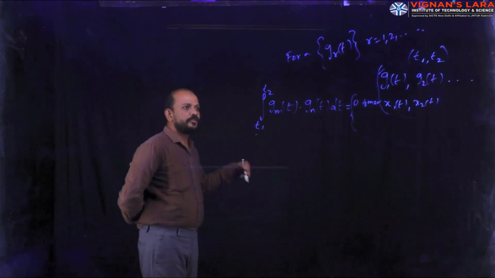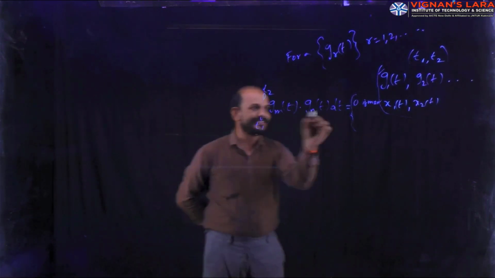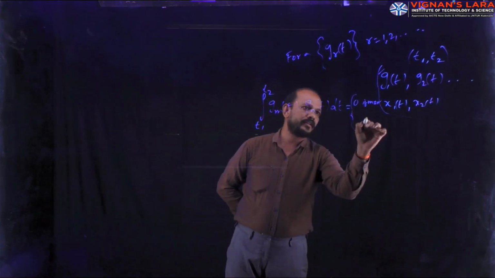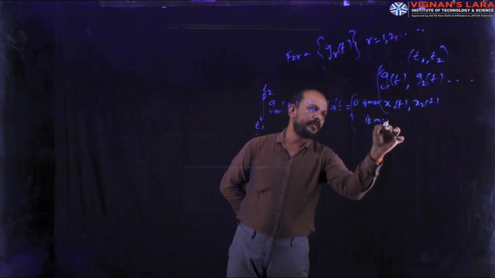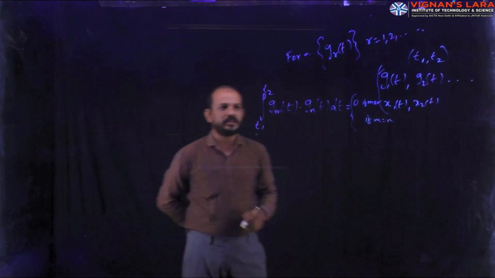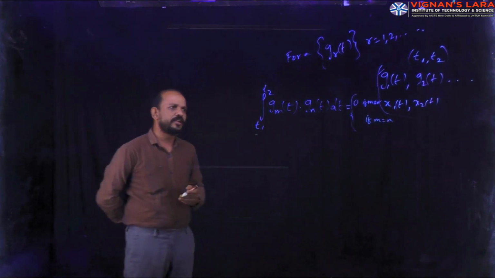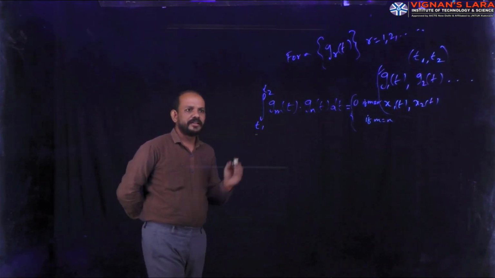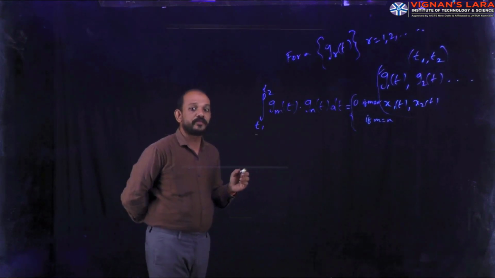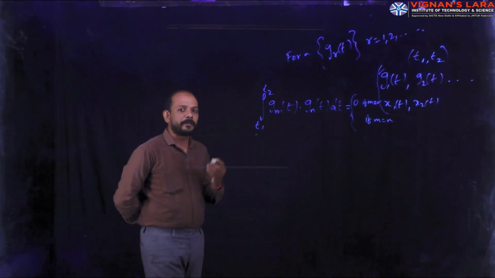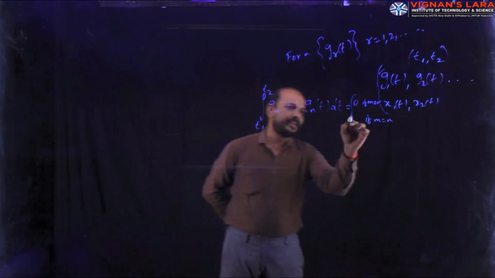If m equals n, that is both are the same, for m equal to 1 and n equal to 1, we get the integral from t1 to t2 of g1 square of t dt. That will be represented with a constant k.